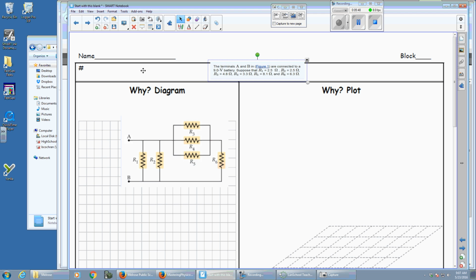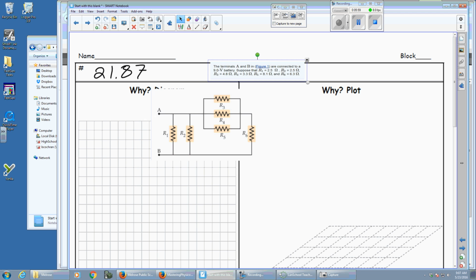So in this, you should do the circuit diagram and also the voltages and the currents, the plotting of them. So I'm just going to redraw this. I have a 9-volt battery. We'll go like this. Up.